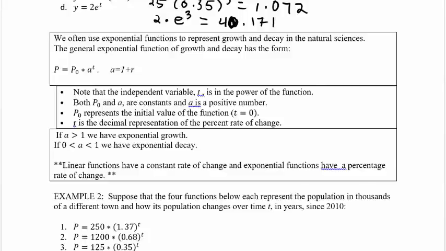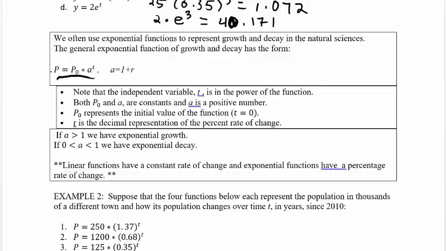And so the general form that we talk about when we're talking about growth and decay is P equals P naught a to the t. Oftentimes when we are modeling something in biology, chemistry, microbiology, anything of that sort, we're looking at what happens over time. So instead of using the x, which is a conventional independent variable, we'll often use t because we're talking about time.